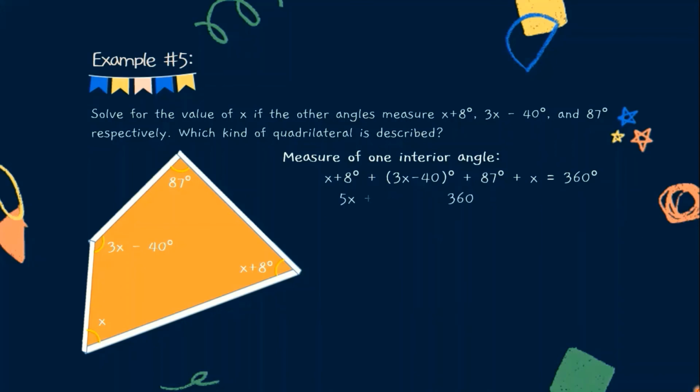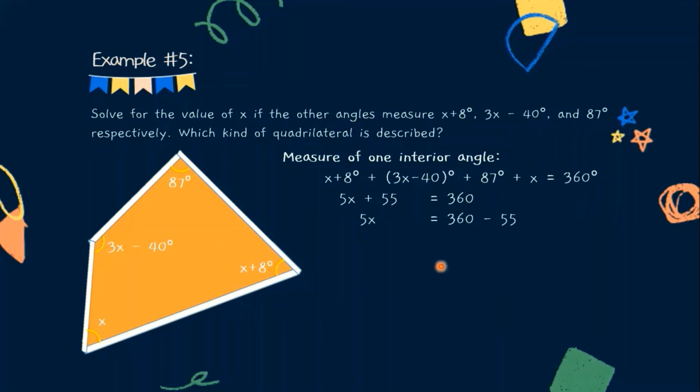Combine the similar terms. 5x plus 55 is equal to 360. 5x ay galing sa x plus 3x plus x, kaya 5x. Add them together. 55 ay galing sa 8 plus negative 40 plus 87. If we combine the constants together, we'll be able to get 55 and then bring down 360.